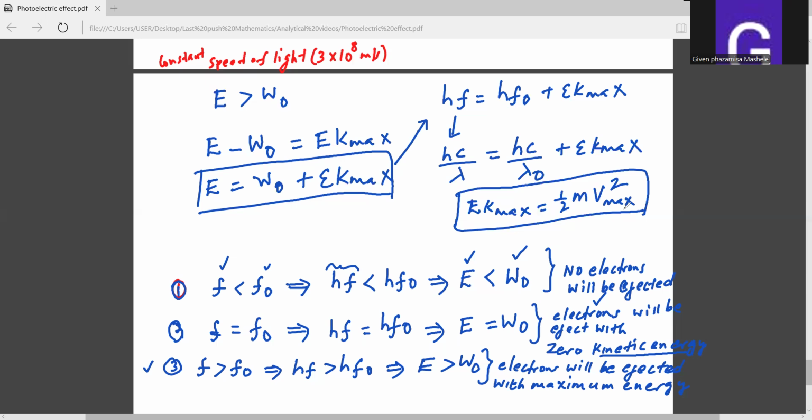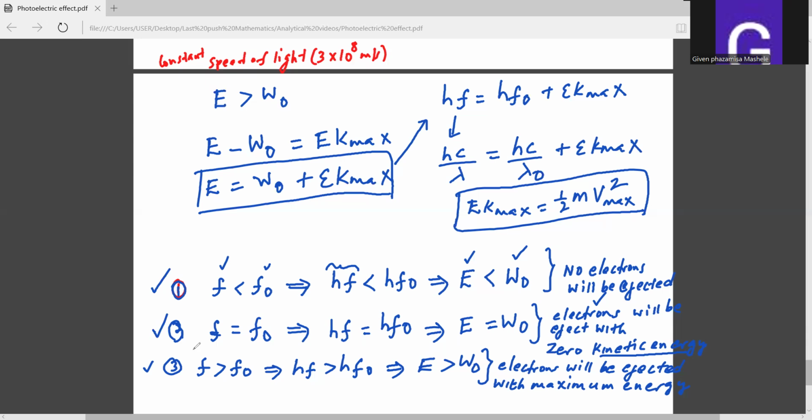But there's something that I want us to take further. These conditions are very important to help you check that if the frequency of light is below the cutoff, no electrons will be ejected. But if the frequency of light is exactly the same as the cutoff, electrons will be ejected with zero kinetic energy. But if the frequency of light is bigger than the cutoff, the energy of photon is bigger than the work function, so electrons will be ejected with maximum kinetic energy.